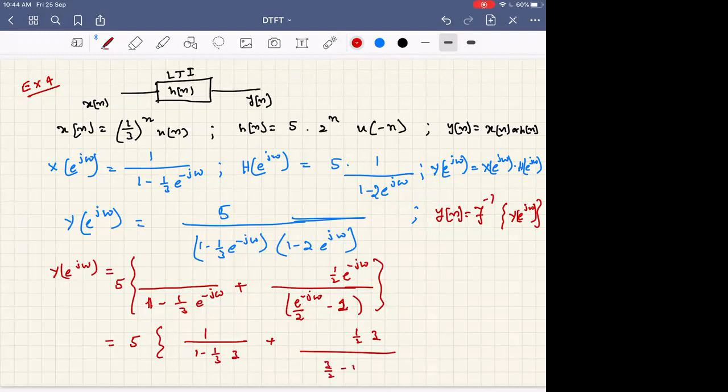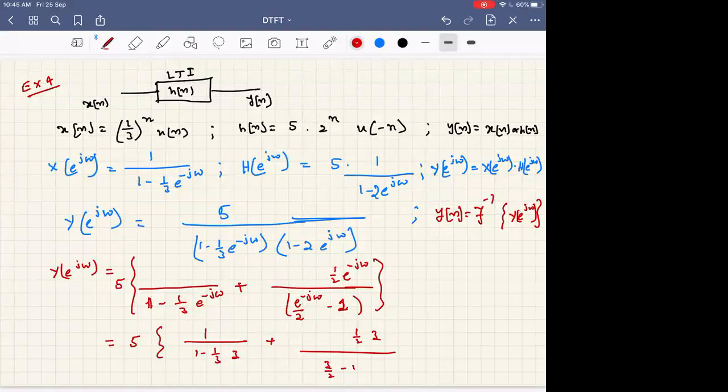Now if I want to find the quotient for this, what should I do? Z equal to 1 by 3 I should substitute. Sorry, Z equal to 3 I should substitute.